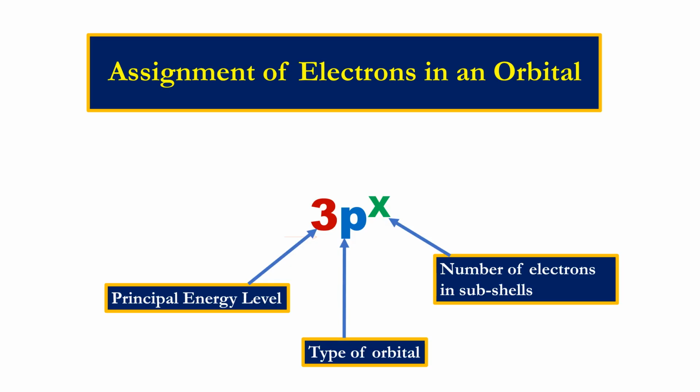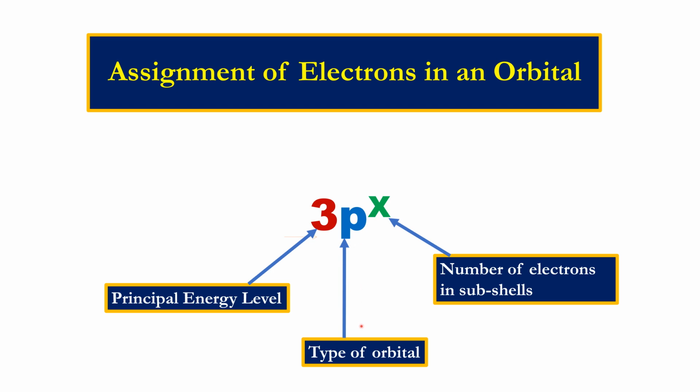Okay, so we now look at assignment of electrons in an orbital. So let's say you have 3p raised to power x. This 3 represents the principal energy level. It can also be 2, and it can also be 4 or 5.